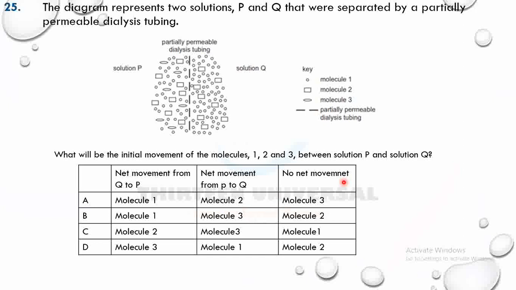The one with no net movement is where the amounts are equal, that's molecule 2. Let's count it: 1, 2, 3, 4, 5, 6, 7, 8 here, and 8 there. So they are equal, there's no net movement. So the answer is B, of course.